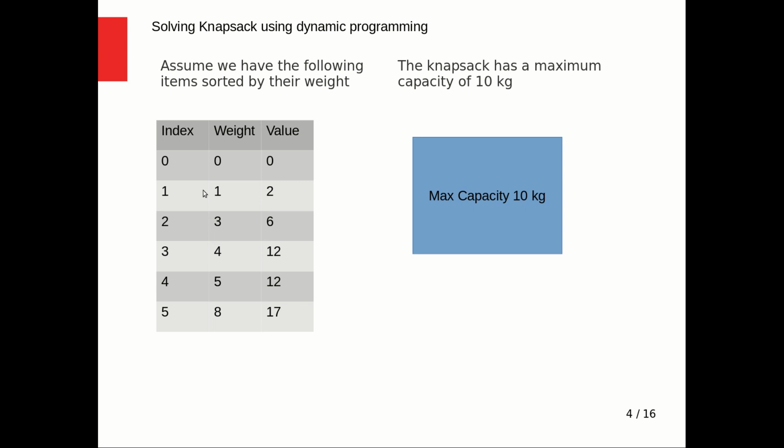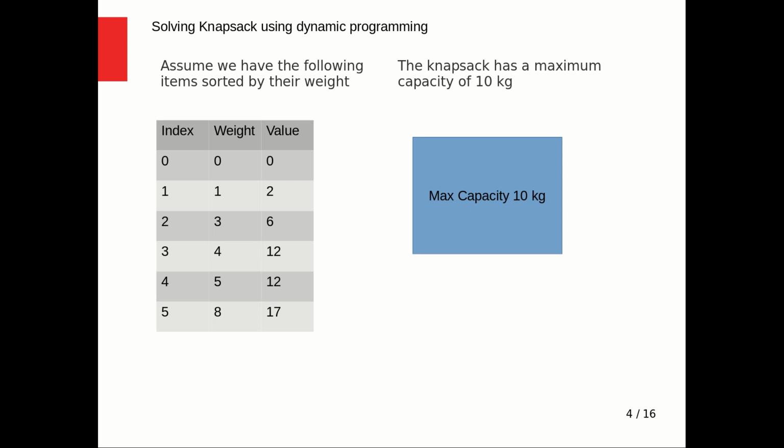And as you can see, to make our life easier when it comes to calculations, we added one dummy item which has weight 0 and value 0, and we're going to see when we implement the algorithm how this makes our calculations simpler. For now, we keep the items sorted by weight.